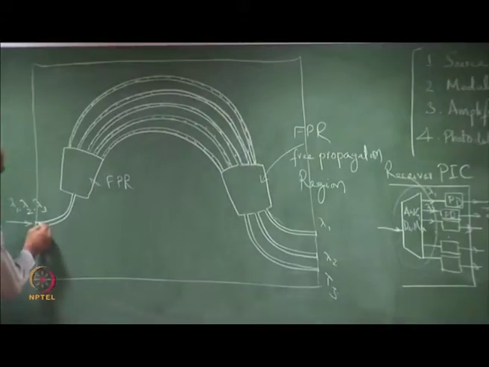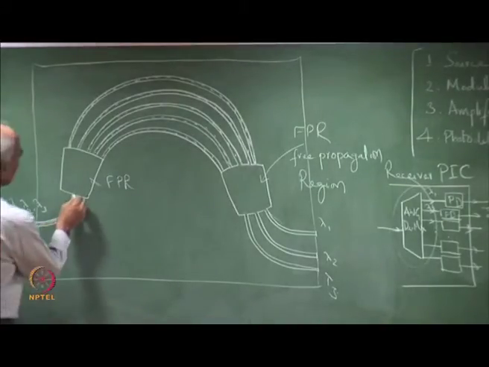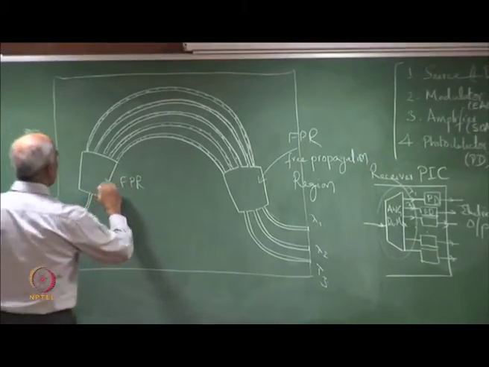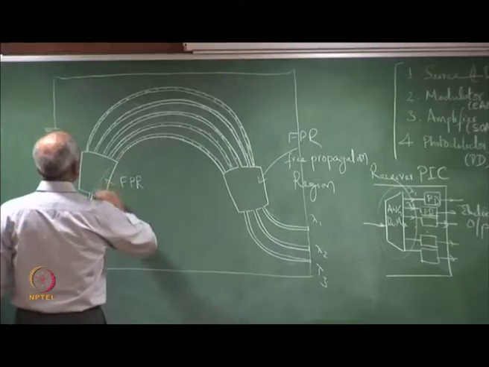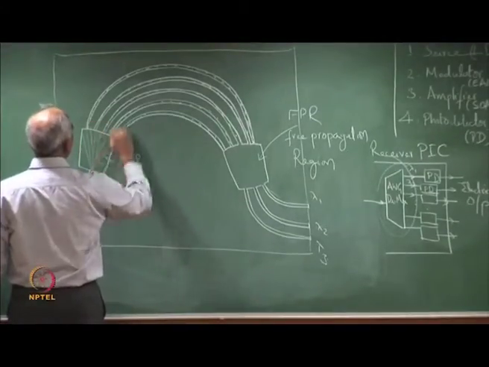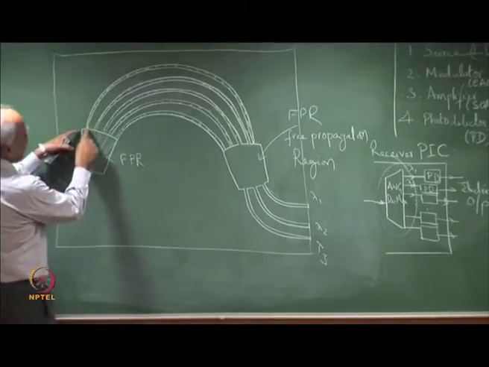Light is entering here, the multiplexed channels. This is the free propagation region. So, there is diffraction taking place. Light diffracts into all the channels here, which are actually quite close.